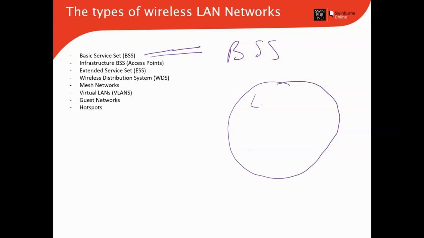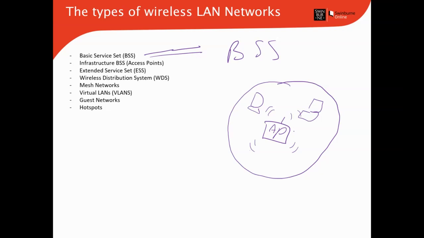So you have all your devices in this area, and these are all connecting to a wireless access point giving out wireless signals. In effect, this is a close group of mobile devices that forms around this access point.